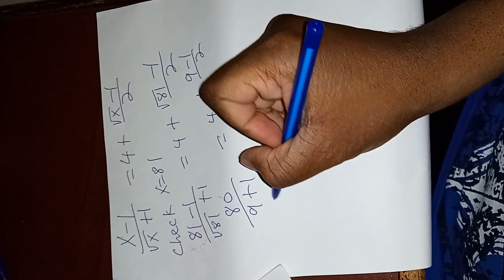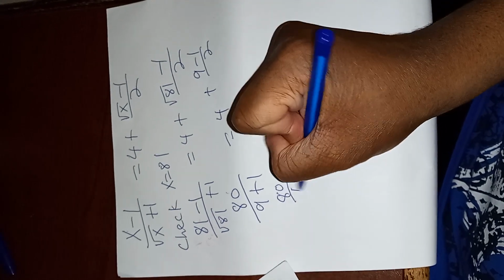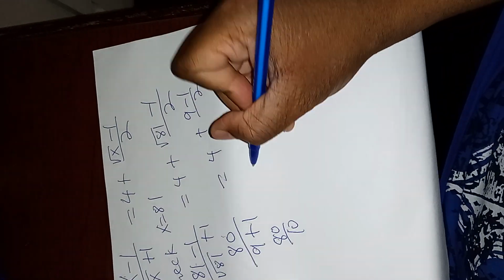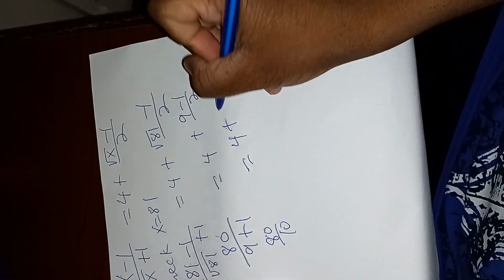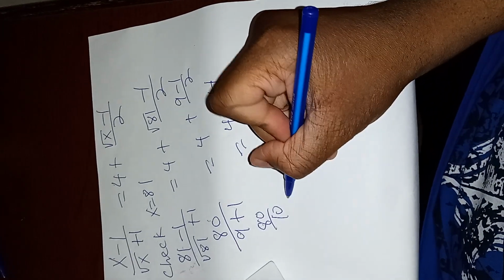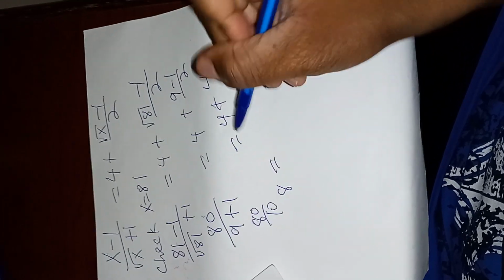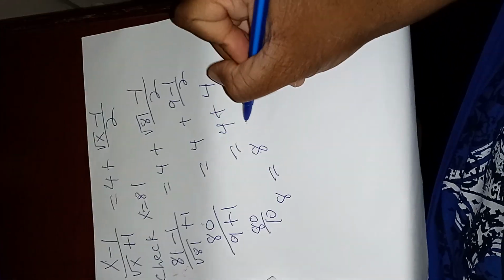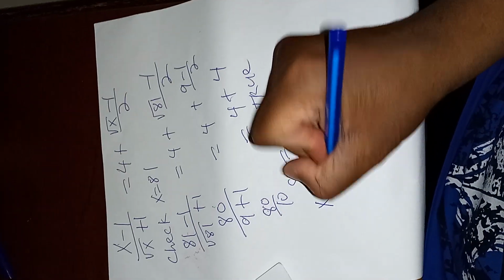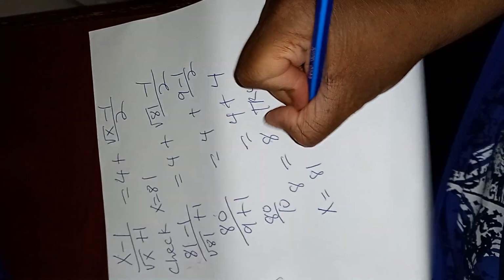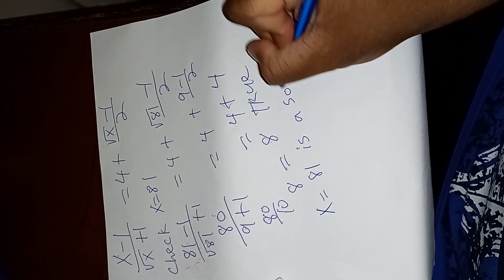So 80 divided by 9 plus 1, so 80 divided by 10 is equal to 4 plus 9 minus 1 is 8 divided by 2 is 4. So 80 divided by 10 is 8, and 4 plus 4 is 8. So true. So 81 works. So x equals 81 is a solution.